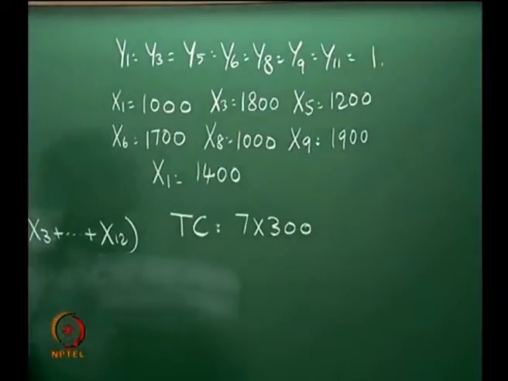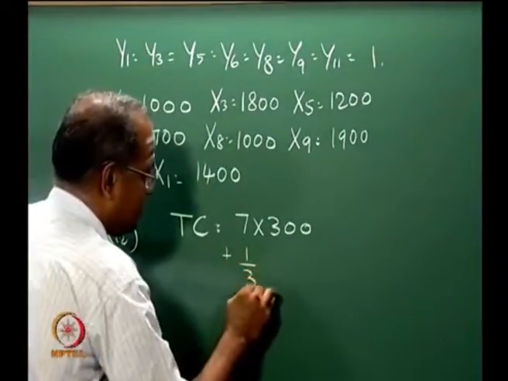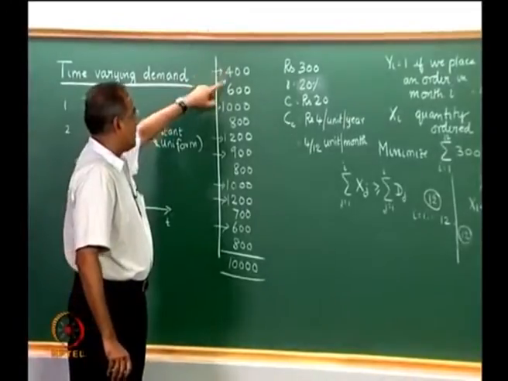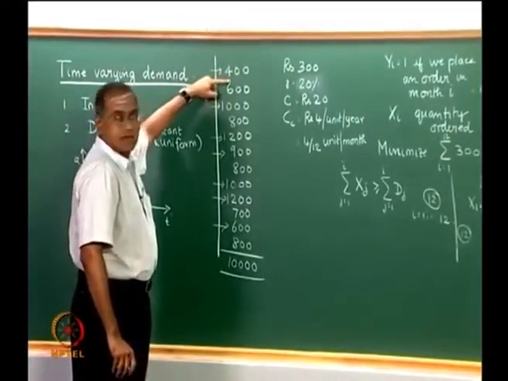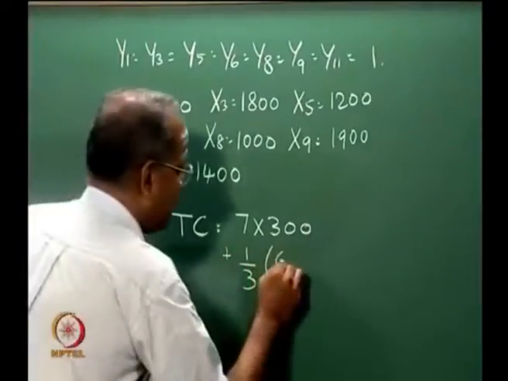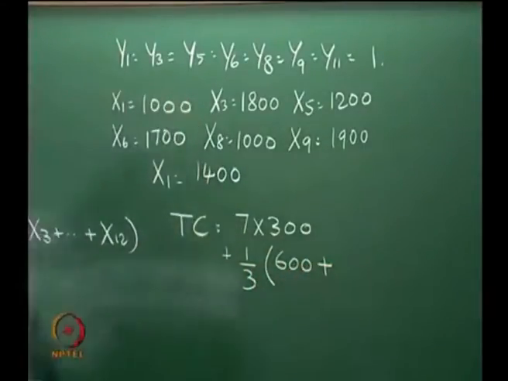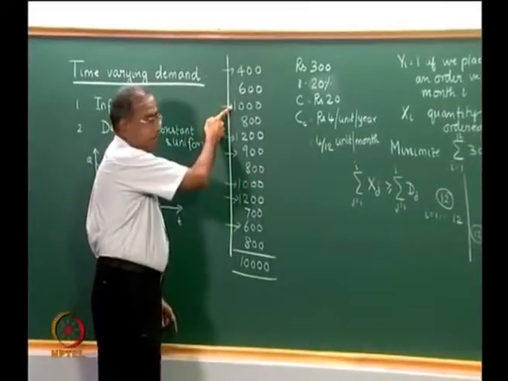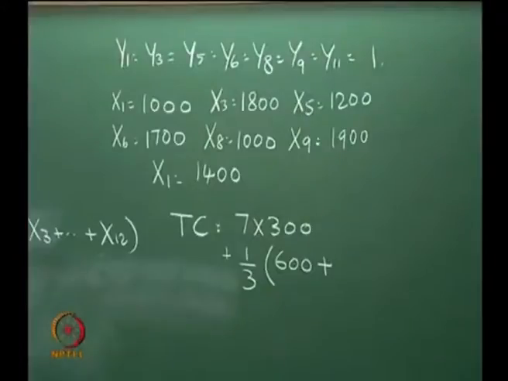The inventory holding cost is plus 1 by 3 into, now here we order 1000, at the end of this month we carry 600, so 600 is carried. Now here it is 0, so we order 1800, so we carry another 800 here.